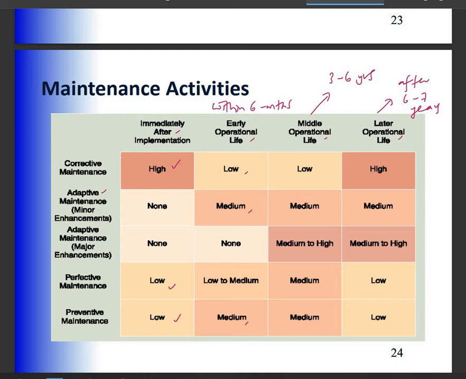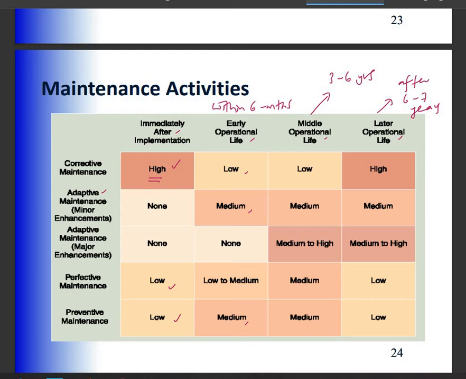So kita tengok kalau corrective maintenance ni immediately after implementation dia tinggi. Kenapa dia tinggi? Sebab kalau ada masalah kita kena terus betulkan. Kalau kita tak betulkan dia tak boleh beroperasi. Dan untuk later operational life after 6 to 7 years, kenapa corrective maintenance ni tinggi?